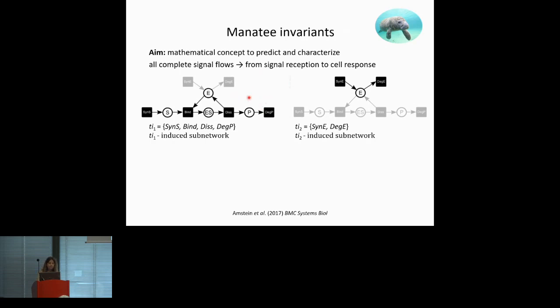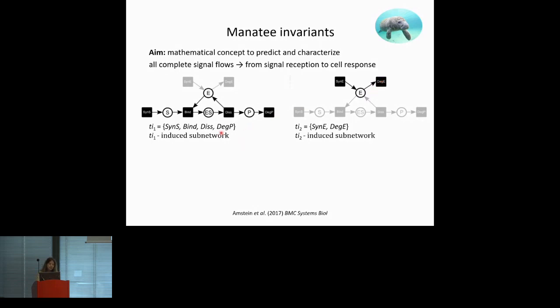And here we have a small system in black, the first transition invariant, and that one is going from the substrate to the formation of the enzyme substrate complex and then to the product. And here the second one is a synthesis of the enzyme and the degradation of the enzyme.